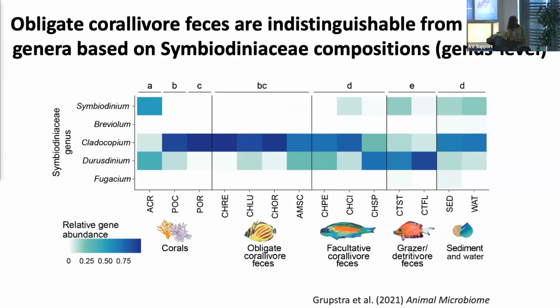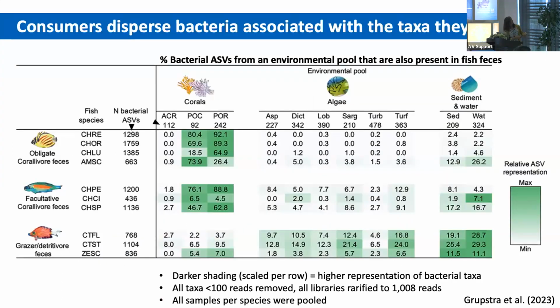So they are delivering them. And then this is looking at bacteria. I've mostly been focusing on Symbiodiniaceae, but here we looked at bacteria present in some of these fish feces, again for an individual fish species going across a row. Darker green means it has more of a bacterial type, like an ASV, from either corals or these bushy macroalgae, or what's present in sediments and water.